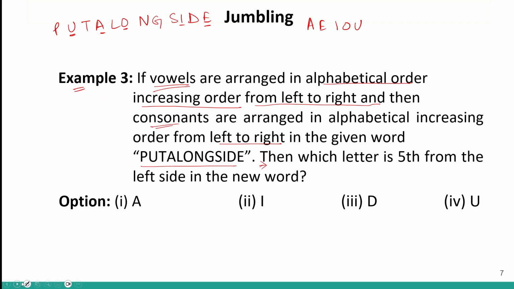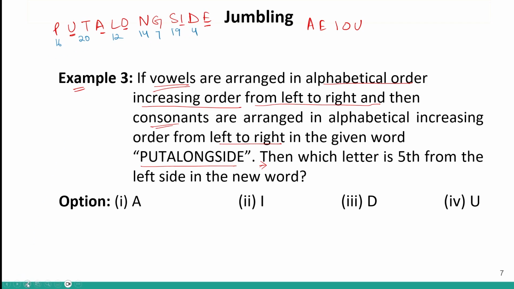Let me put forward ranks for the consonants for your convenience. P is 16, T is 20. Similarly, L is 12, N is 14, G is 7, S is 19, D is 4.